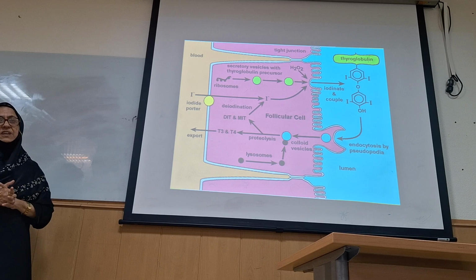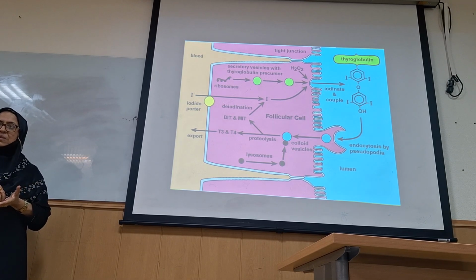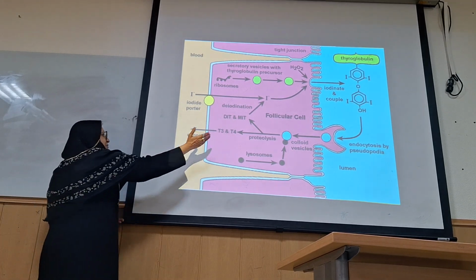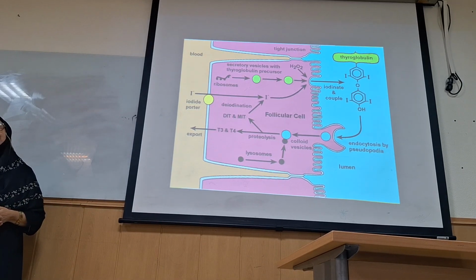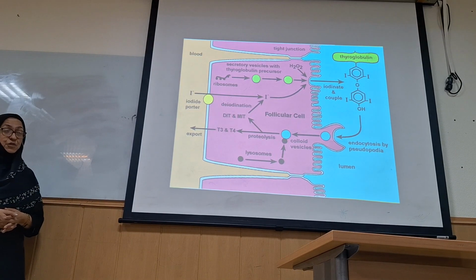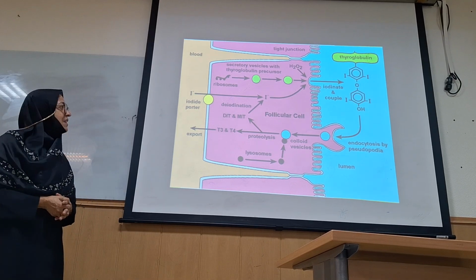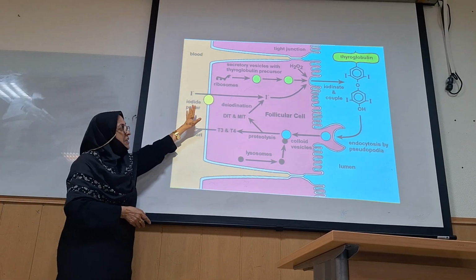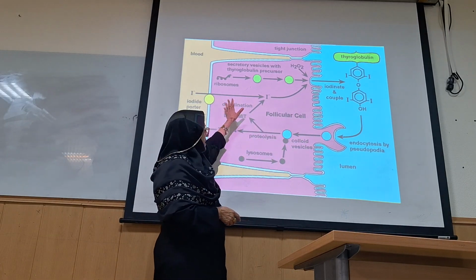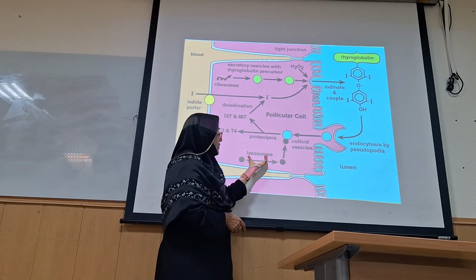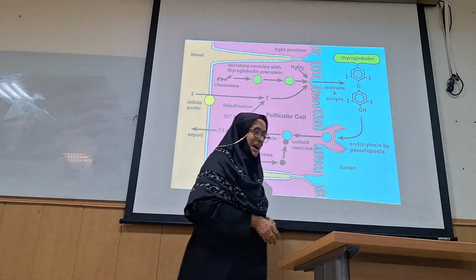T4 and T3 are very small molecules and by simple diffusion are secreted into the blood. For synthesis of thyroid hormones, we need an iodide transporter, tyrosine peroxidase, deiodinase enzyme, lysosome, and the pathways.